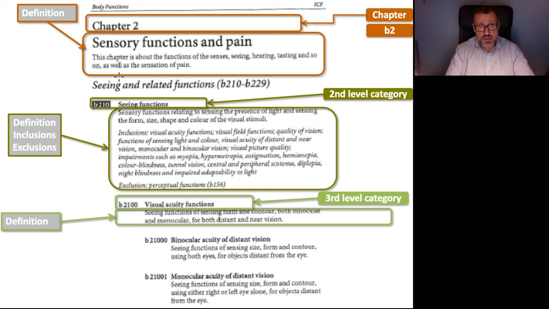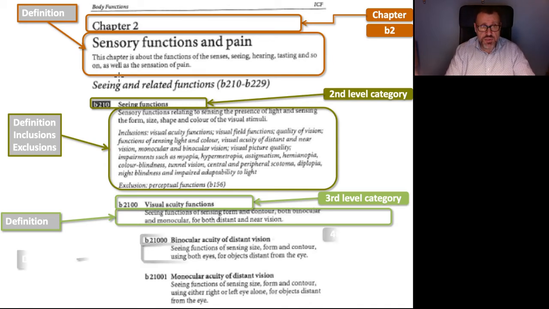And again, there is a definition, seeing the functions of sensing form and contour, both binocular and monocular, for both distant and near vision. As we can see here, there is only the definition, not the inclusion and exclusion, because at this level it's not that easy to make confusion with other categories.